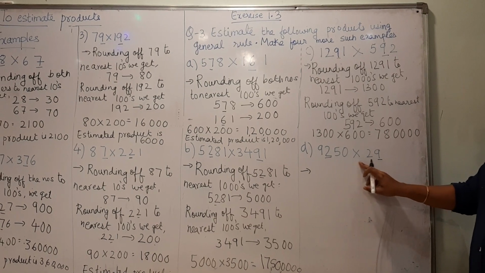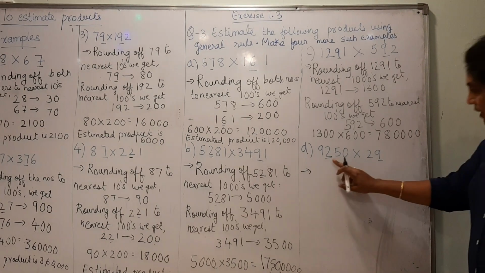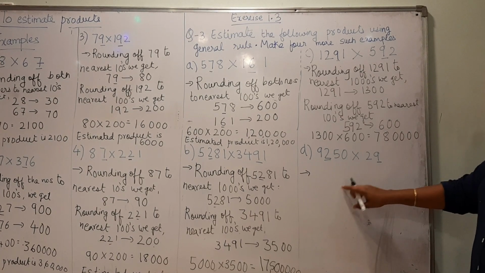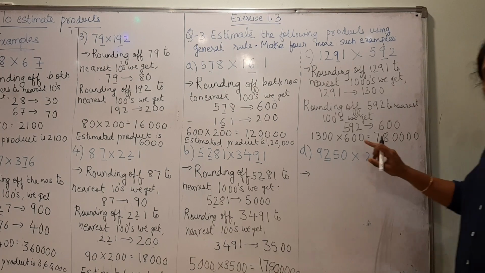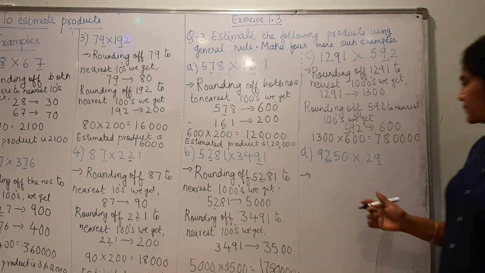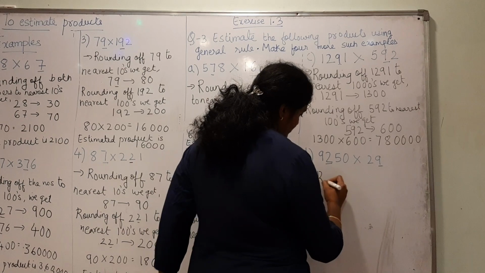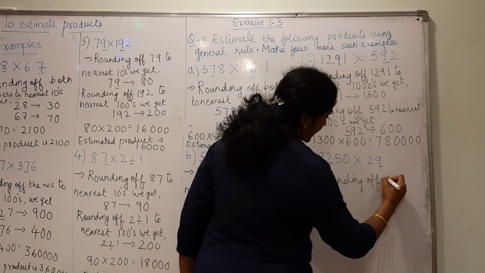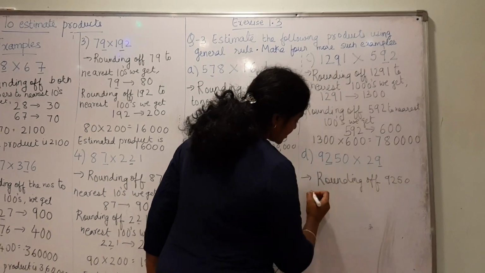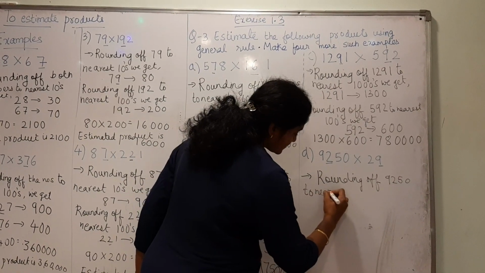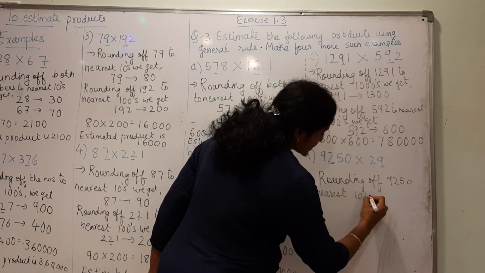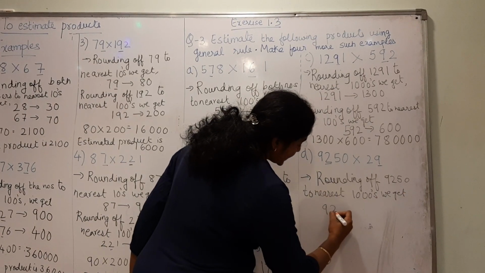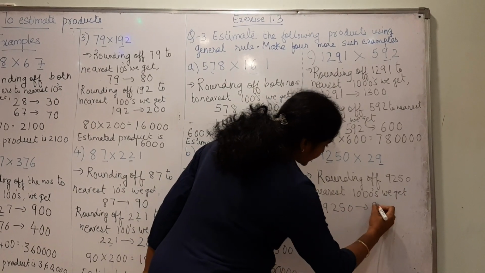Now similarly D, 9250 into 29. Rounding off this to the nearest thousand, you will get 9,000. This 29 to the nearest tens, you will get 30. Multiply it. So rounding off 9250 to the nearest thousands, we get 9,000.